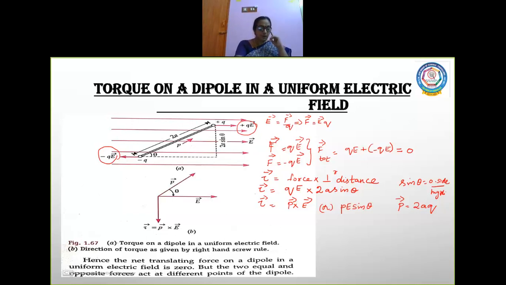Okay, so the dipole tries to align its direction into the direction of the electric field, and later on it tends to reduce the angle theta to 0. When the dipole is getting aligned with E, the torque becomes 0. Now, when will the torque be maximum? Look at this formula.